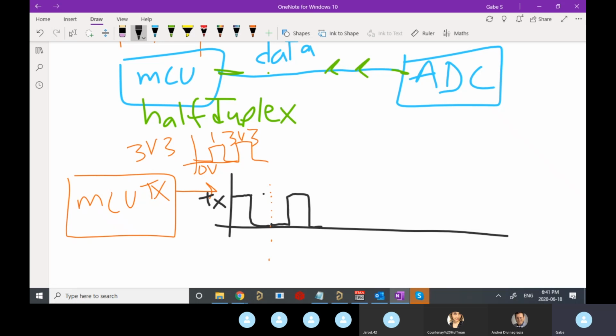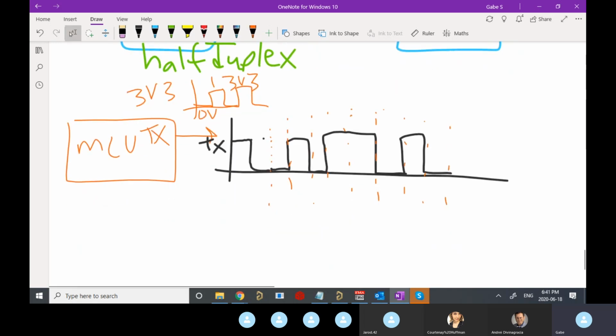So let's say we have our 8 bits of data, 1, 2, 3, 4, 5, 6, 7, 8. Just pretend these are equally spaced. Cool. So each little rectangle represents one bit of data. Remember, we said we're sending them one at a time through our tunnel, right? One at a time.